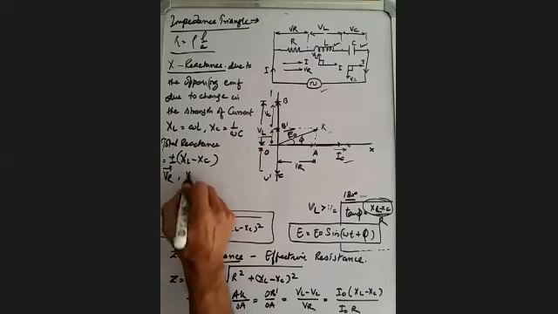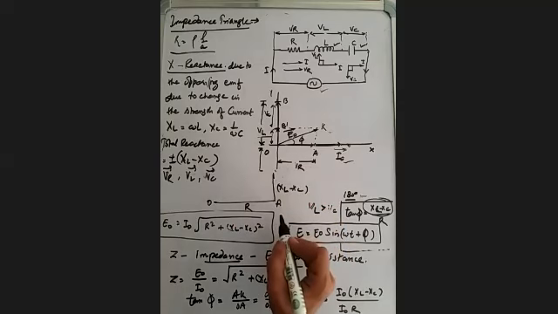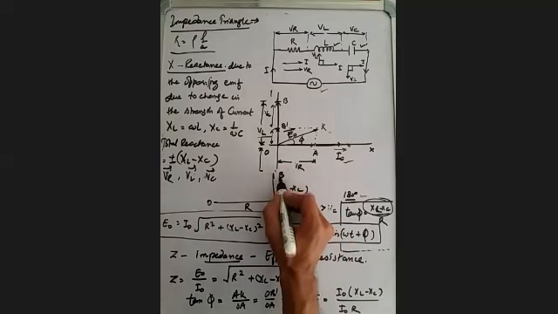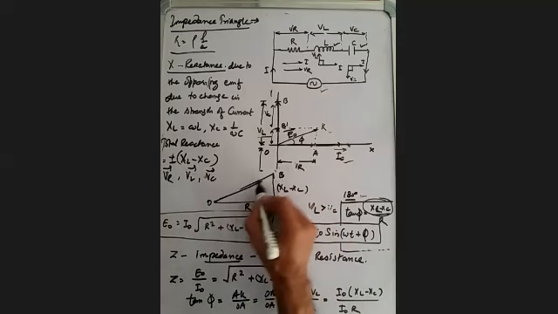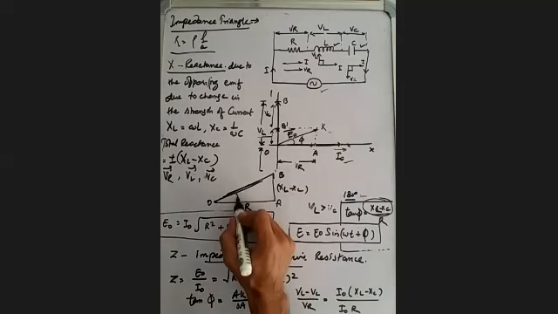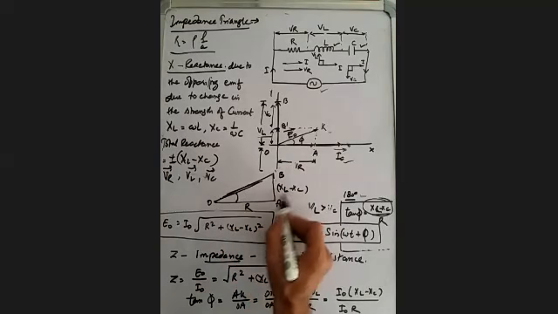In this triangle, we have a base, say OA, which represents the ohmic resistance, that is R, and a perpendicular drawn on it, that is XL minus XC, the difference between the reactances, represented by say AB. And now let us complete the triangle OAB. This is called the impedance triangle.